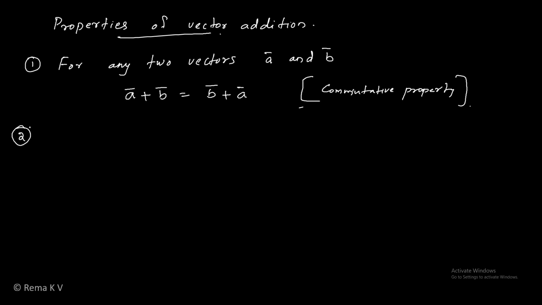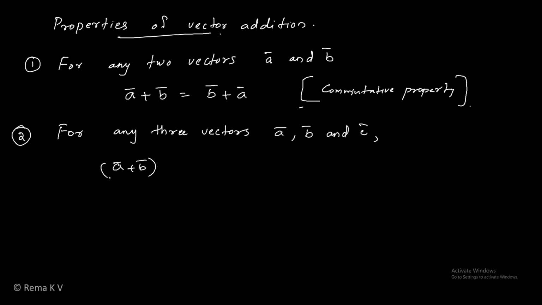Now the second one, for any three vectors A, B and C, A plus (B plus C) is equal to (A plus B) plus C. Which is this property?